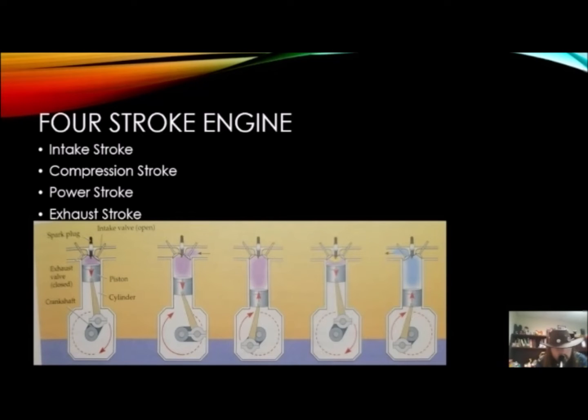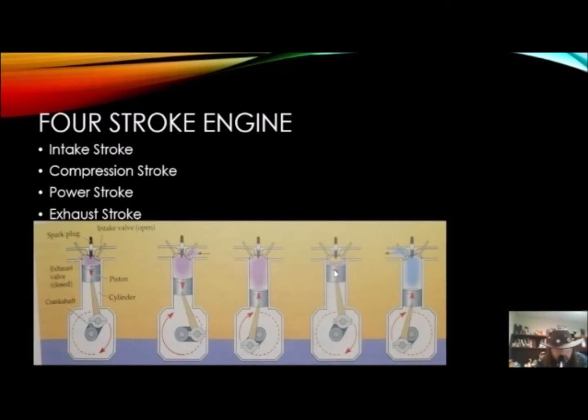The downstroke allows this chamber to expand to allow gas in, at which point the valve allows the fuel air mixture in. The compression stroke, where it starts swinging back up, we're going to compress this down to a small volume so we can get the energy out. The smaller the volume, the more energy we can achieve.